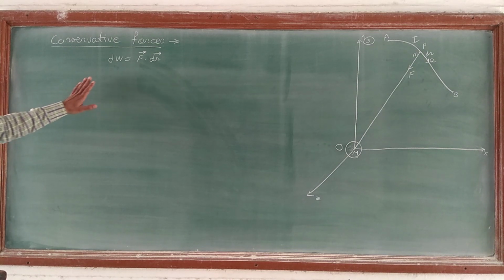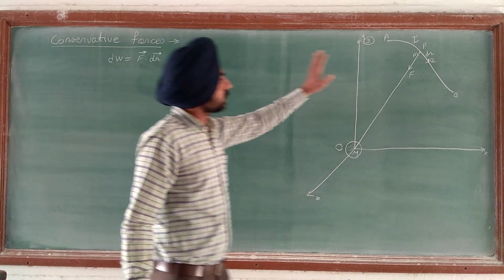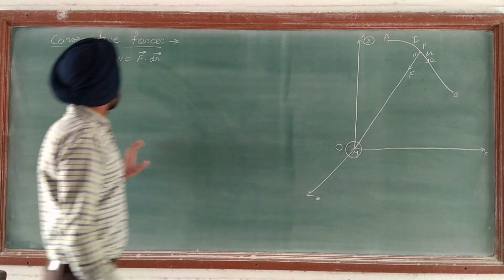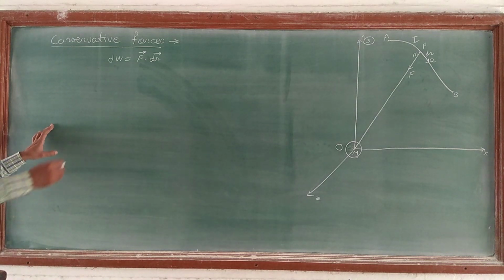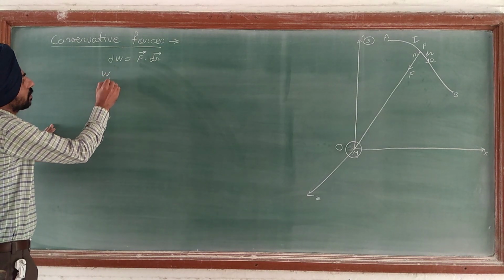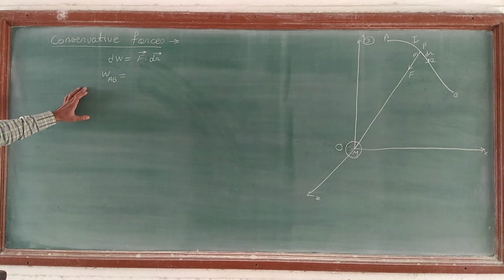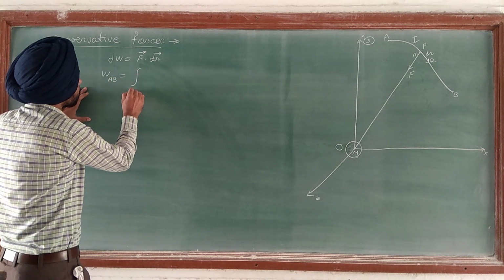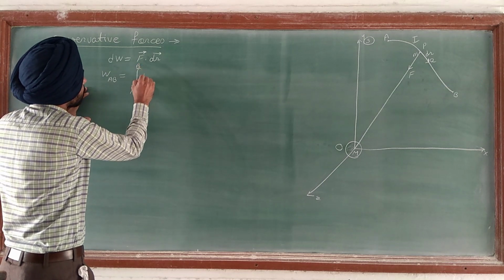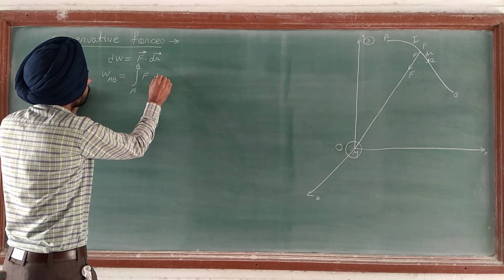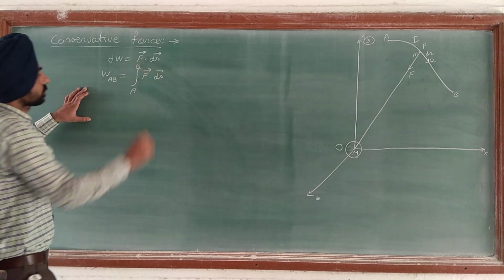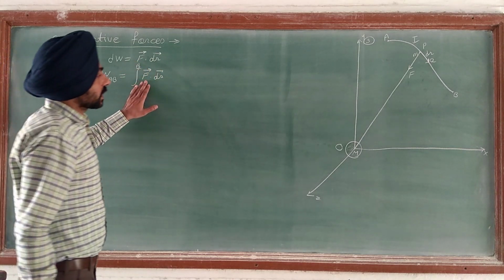As the particle moves along the path AB, the work done along the path AB is equal to the integral from A to B of F dot dr. Now, this force is gravitational force.